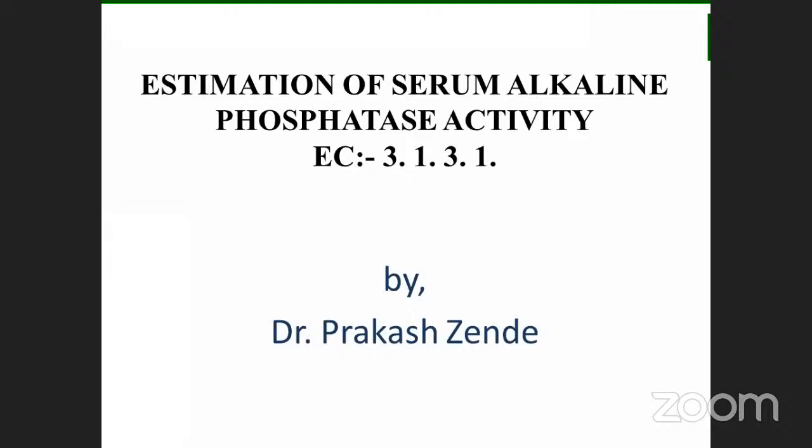For example, alkaline phosphatase activity is increased in obstructive jaundice because this enzyme is present in the bile duct. Another example, if there is destruction of the pancreatic gland, it leads to increased activity of serum amylase as well as serum lipase. You know myocardial infarction?